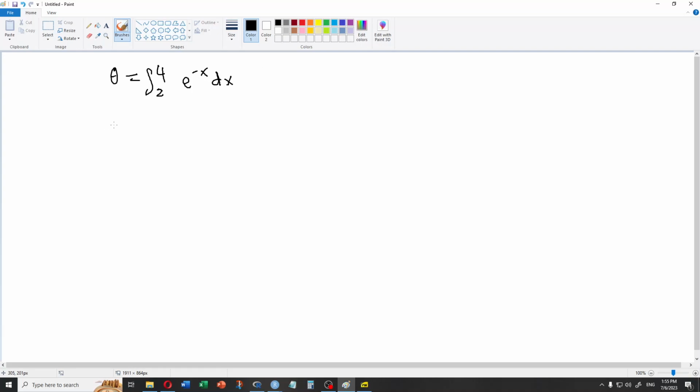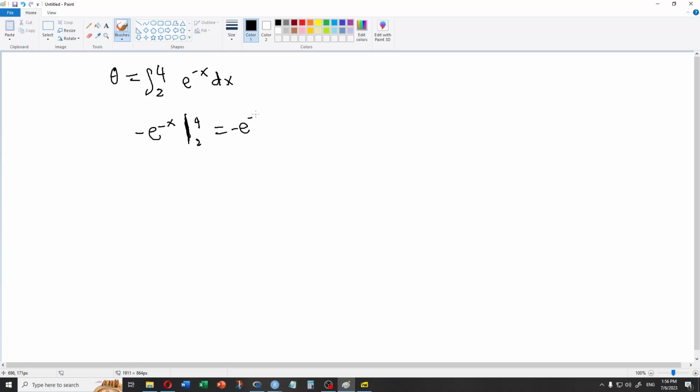Okay, so by integrations, this is what you have. You can have negative exponents of negative x, and then we want to evaluate it from 2 to 4.